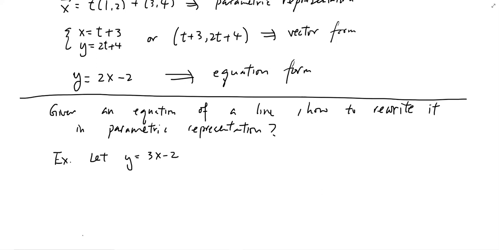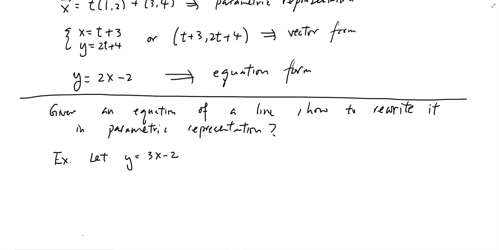What we need to do to put it in parametric form is the following two things. Number one, introduce new variables called parameters. And number two, rewrite all the variables, which in this case are x and y, each in their own equation in terms of the parameters.